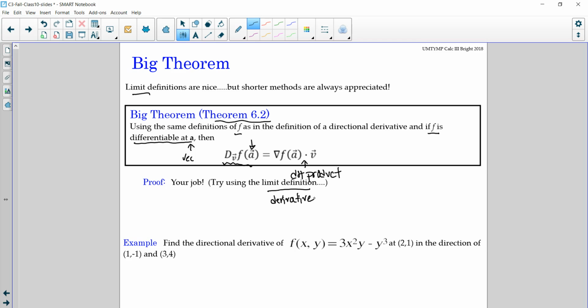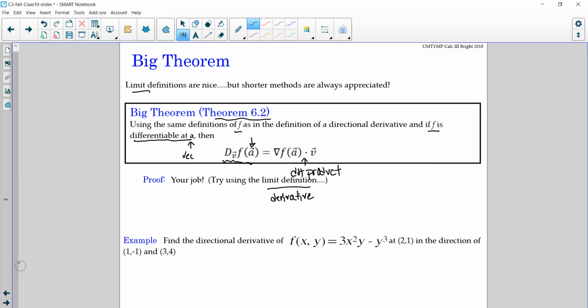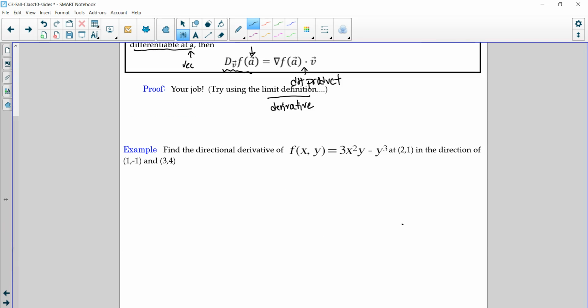So now, just as a quick example, we're going to find the directional derivative of that function at that point in the direction of each of those. First of all, before I proceed, I like to make unit vectors right away. This point, I listed as a point, it should probably be listed as a vector.